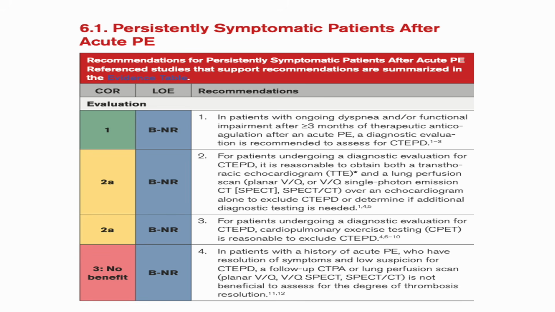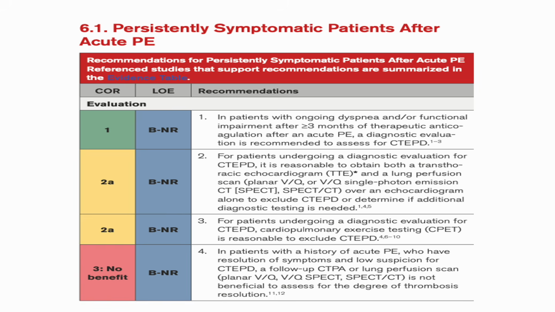For patients undergoing diagnostic evaluation, even cardiopulmonary exercise testing is reasonable to exclude CTPD. So you can add it to your algorithm, but there is no benefit in a patient with a history of acute PE who has resolution of symptoms and low suspicion of CTPD to just do a routine follow-up CTPA to rule out thrombus resolution.